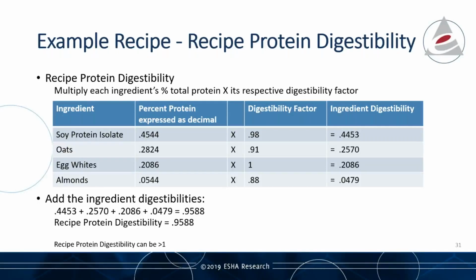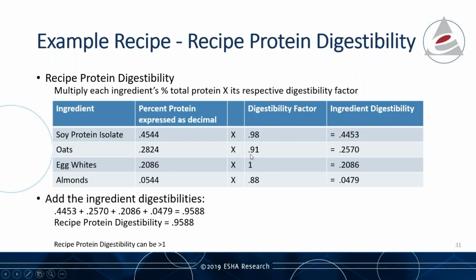With my example recipe, I can calculate the recipe protein digestibility. So you can see here for each ingredient, the percent protein multiplied by the digestibility factor. So the protein for the soy protein isolate, percent per my serving, multiplied by its digestibility factor, gives me a digestibility for that ingredient. For the oats, I have the percent that it contributed to the protein total.